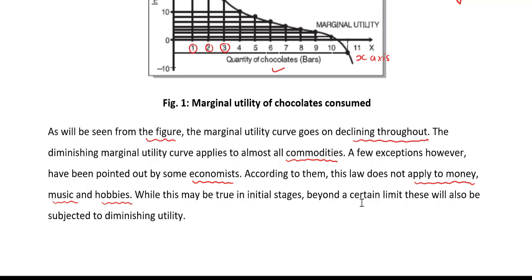Students, while this may be true in the initial stages, beyond a certain limit these will also be subject to diminishing utility. The marginal utility of money may be constant, but when you have it in abundance, after that the utility of money also starts decreasing. But over here, just stick to this.